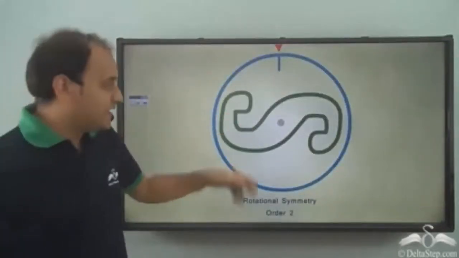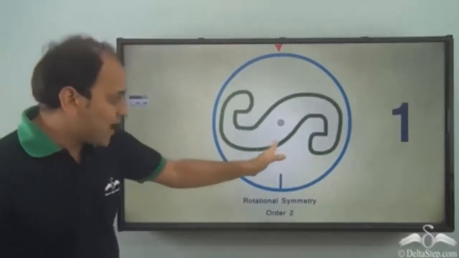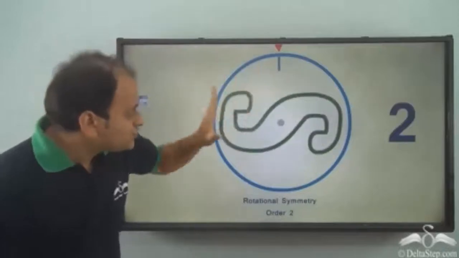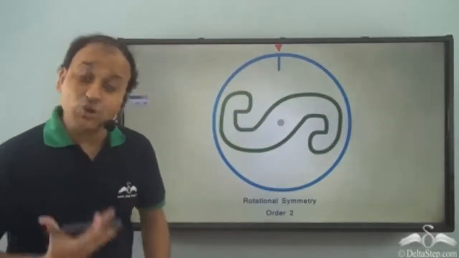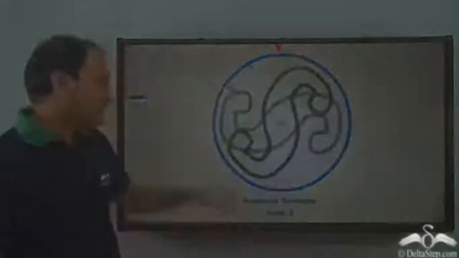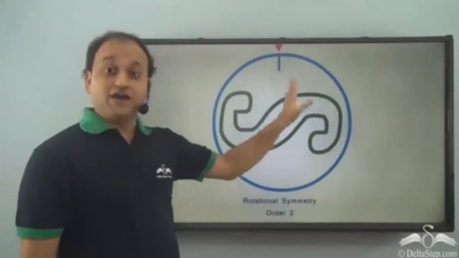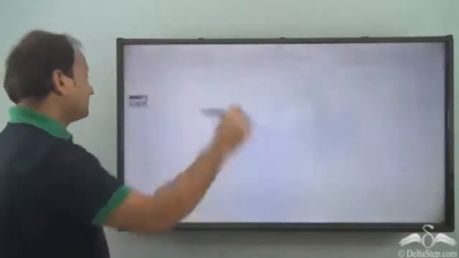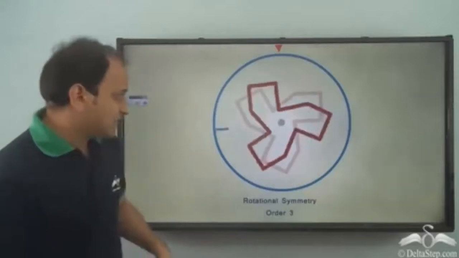So we have seen this particular object. When we rotate it, we see that 1 and then 2 times in one complete rotation it fits into itself, and that is why order of rotational symmetry for this figure is 2. Now, what about this particular figure? If we rotate it, what do we see?